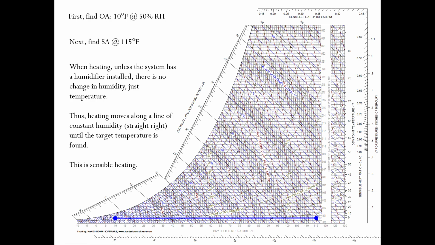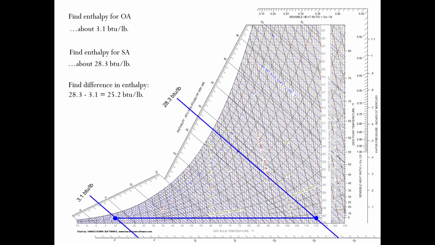Okay. So now we want to find the enthalpy in our outside air and our supply air. And the difference between the enthalpy in these two different masses of air is going to be the amount of energy that we're adding to the air, to a pound of air, to heat it up to 115 degrees.